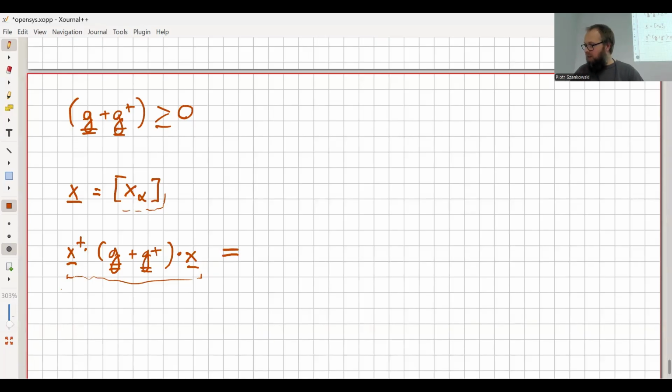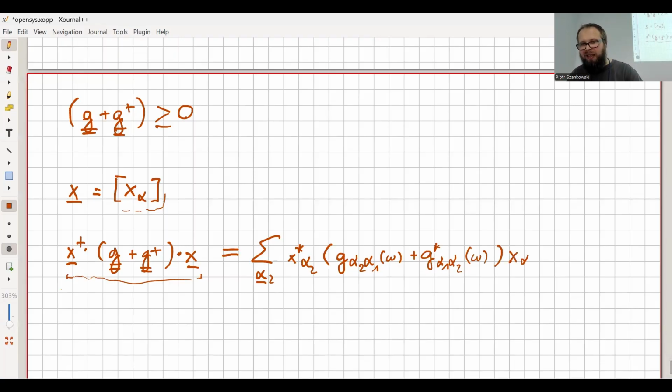which equals the sum over alpha 2 and alpha 1, x alpha 2 complex conjugate, times G alpha 2 alpha 1 omega plus G alpha 1 alpha 2 star omega, times x alpha 1.